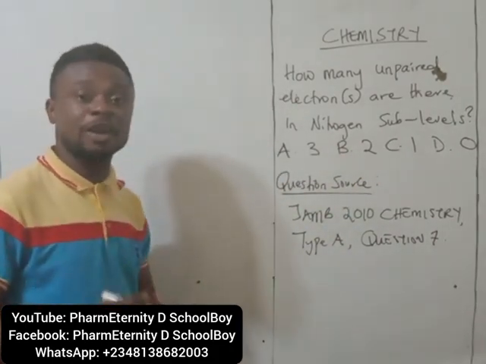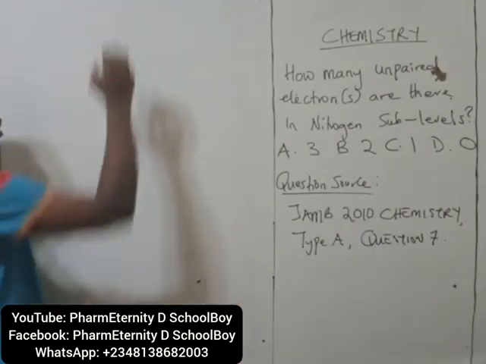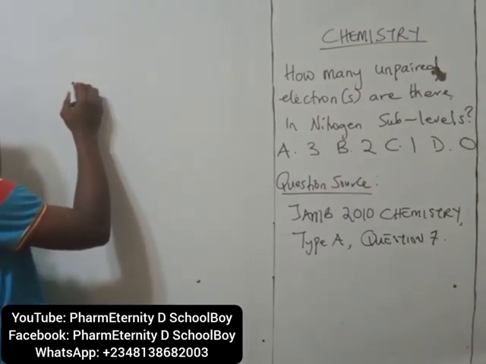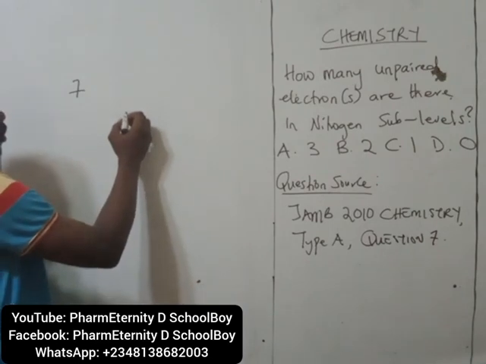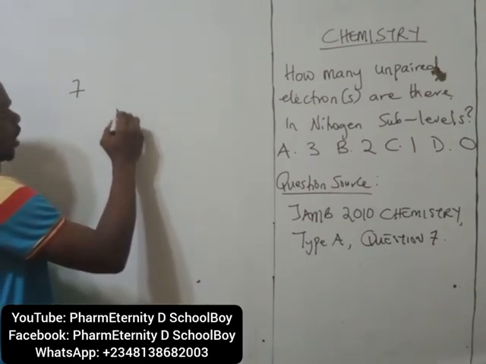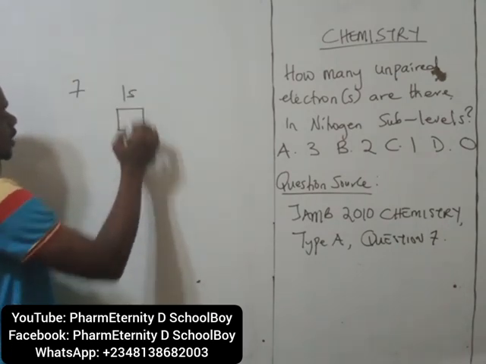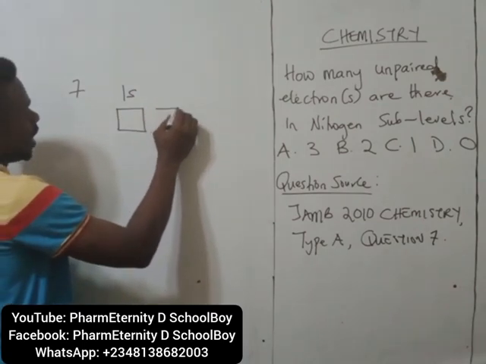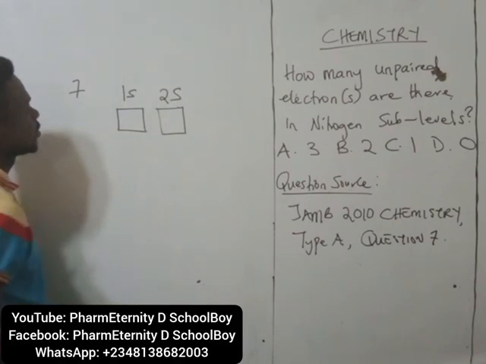Nitrogen has atomic number of 7. So if nitrogen atomic number is 7, let's draw the orbitals. We have here the first one, which is 1s, followed by 2s.